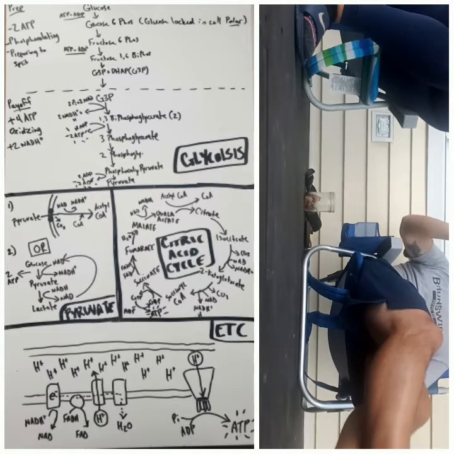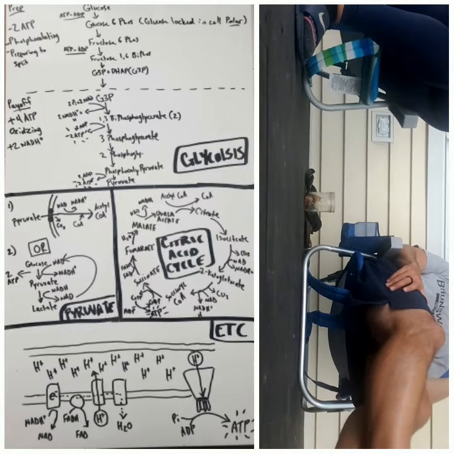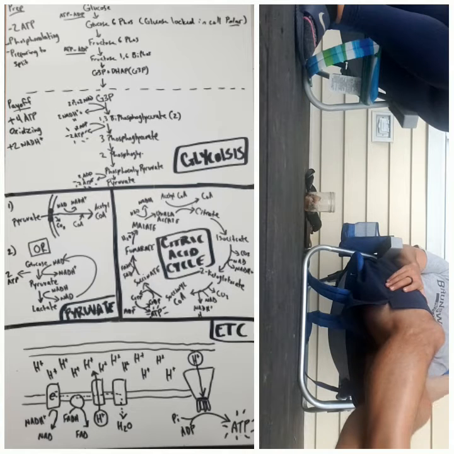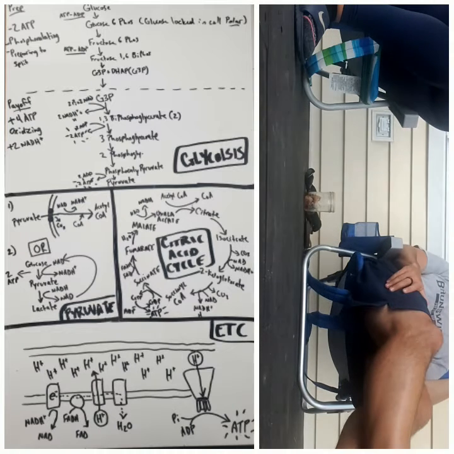Prep phase costs you 2 ATPs, and so you better get some of that back, right? So then the payoff phase, the G3P gets converted to the phosphate, and an NAD will go through, and then you'll get an NADH plus the hydrogen. That'll leave you with the phosphoglycerate, the 1,3-bisphosphoglycerate, right?